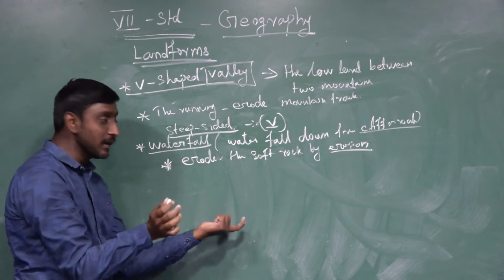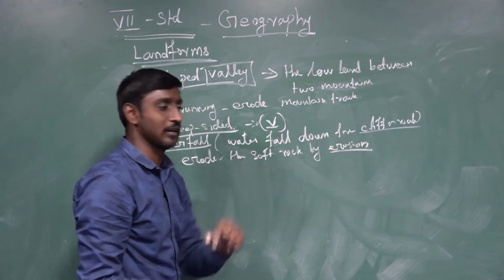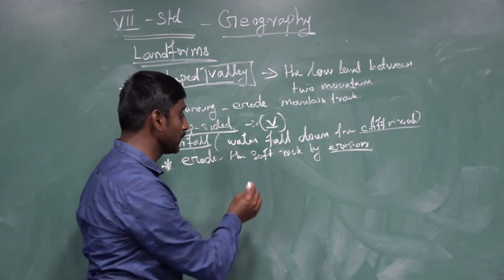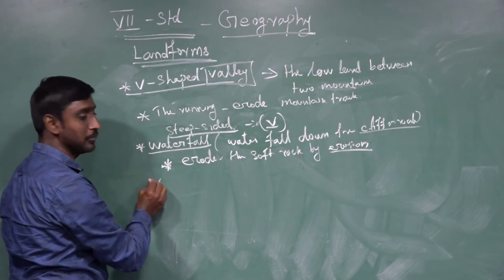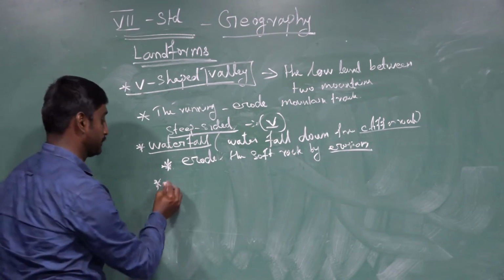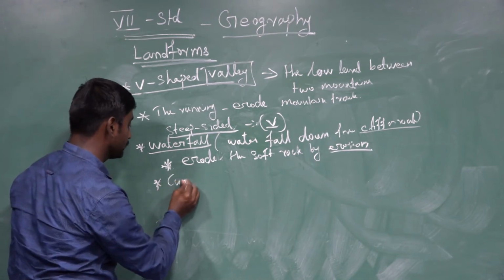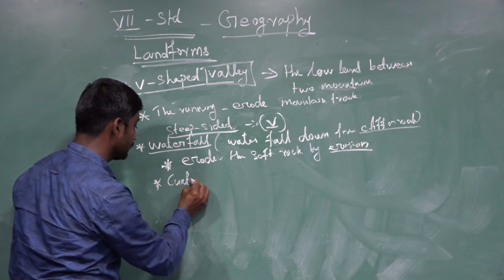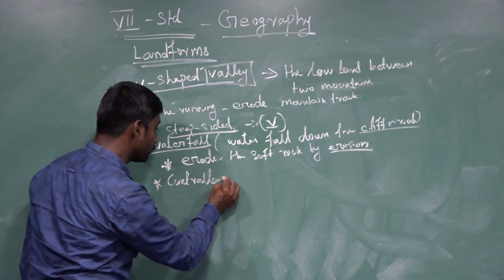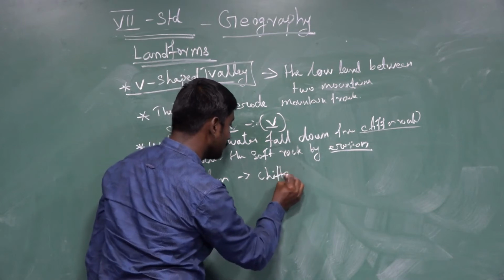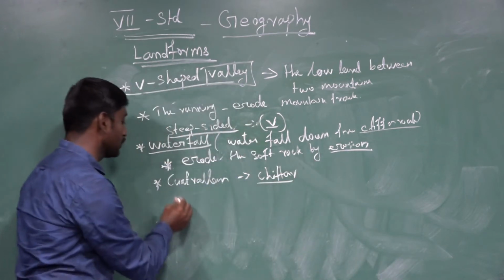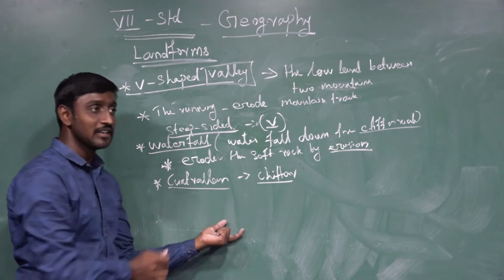The best example for waterfalls is Kutralam. Kutralam is on the Sittar river. Kutralam is the main falls in South India.